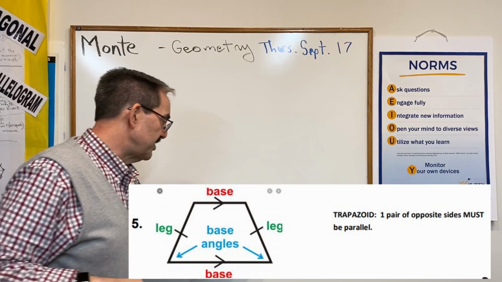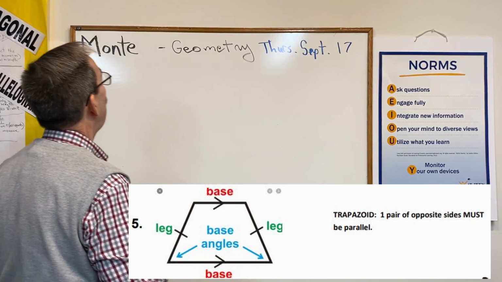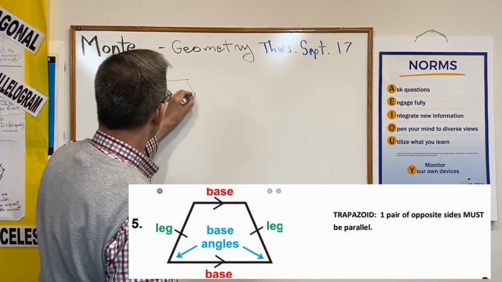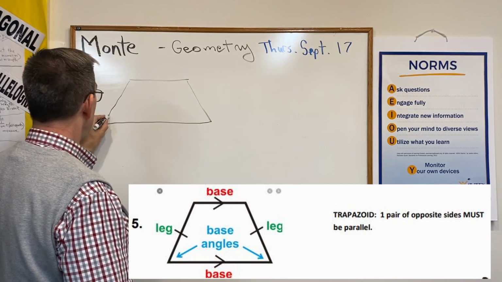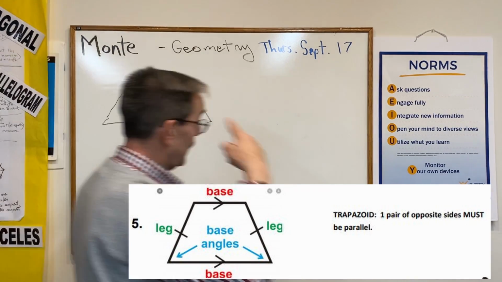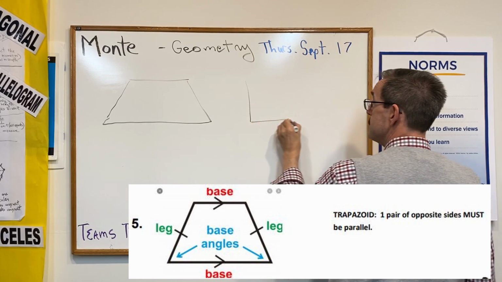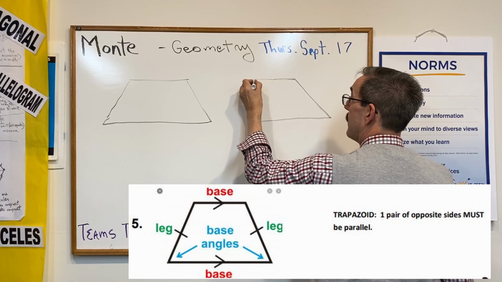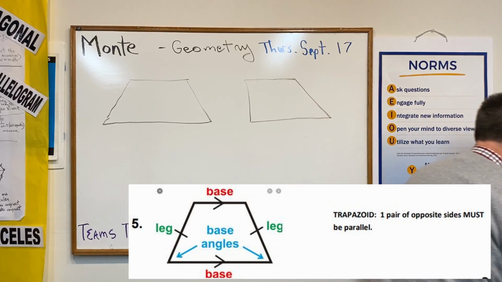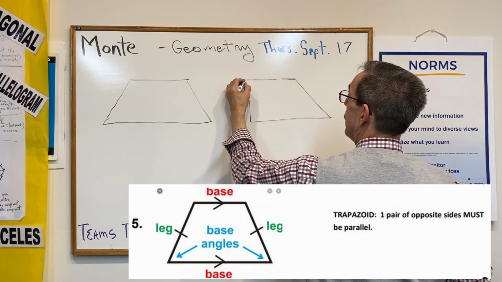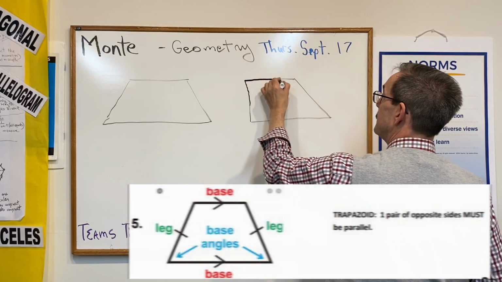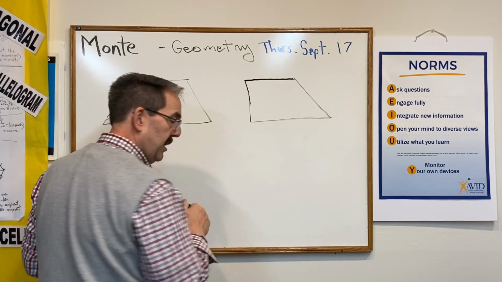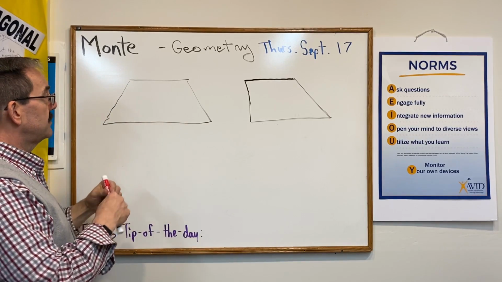Trapezoid. Trapezoid could look like that. Trapezoid could look like that. Anything that has one pair of parallel lines.